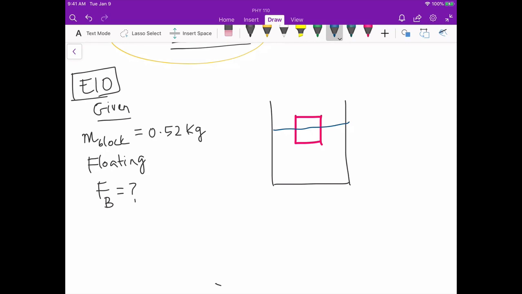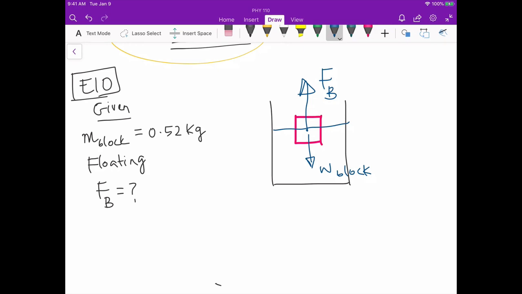If you try to see all the forces acting on this block, first, something you will notice is its weight, the weight of the block. And the other force acting on it is, of course, the buoyant force, because of the water. So for a floating object, the total weight of the object is completely supported by the buoyant force.